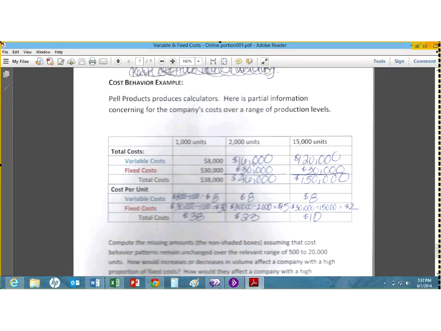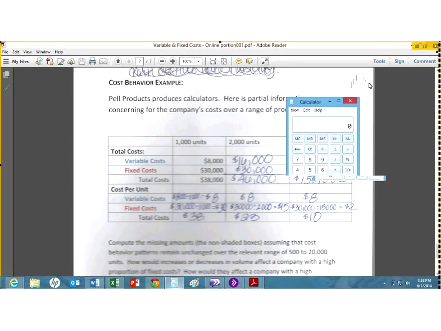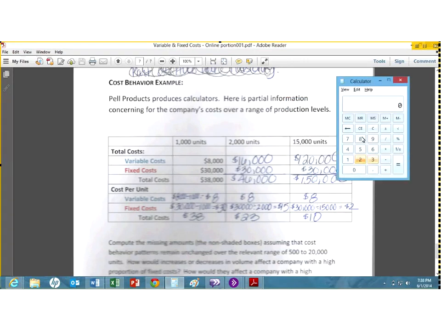Now that we know that, let's go up here and do my variable and fixed cost if I make 2,000 calculators. We know that my variable cost per calculator is $8. If I take that times the 2,000 units, I get $16,000.